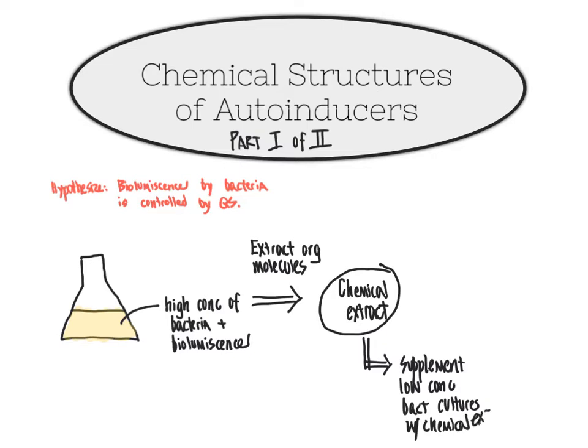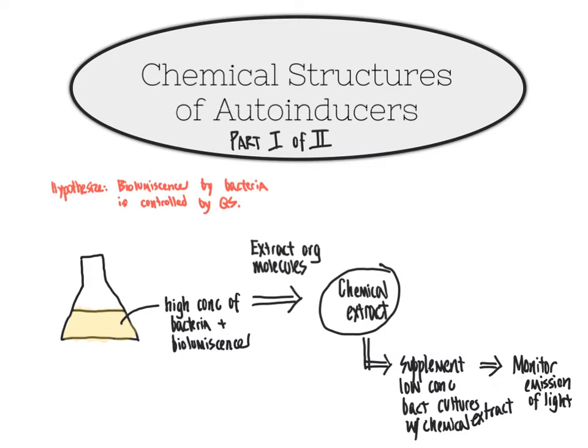So in other words, we could take a flask that contained a very low concentration of the bacterium of interest, and into that flask also deposit the chemical extract, and then we could monitor the emission of light. In other words, the bioluminescence could be monitored.